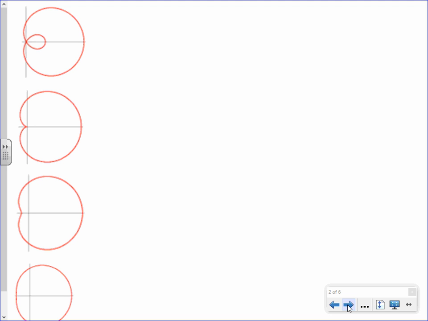Okay? So, here are our 4 different types. What does that first one have that the others don't? A loop. Its name is a loop. So if I ask you for the type, you're going to write limacon loop. Okay?